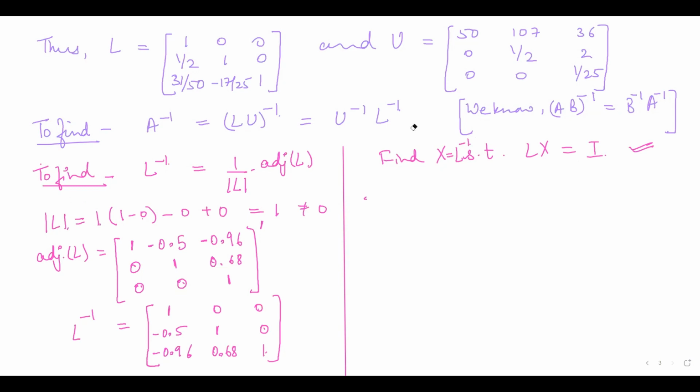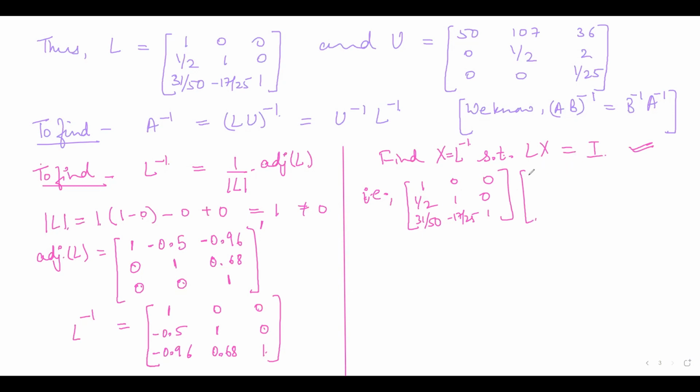So you need to understand that you need to find out L inverse. As L is a lower triangular matrix, X would also be a lower triangular matrix. So that is your L that we have: 1, 0, 0, half, 1, 0, 31 upon 50, minus 17 upon 25, 1.